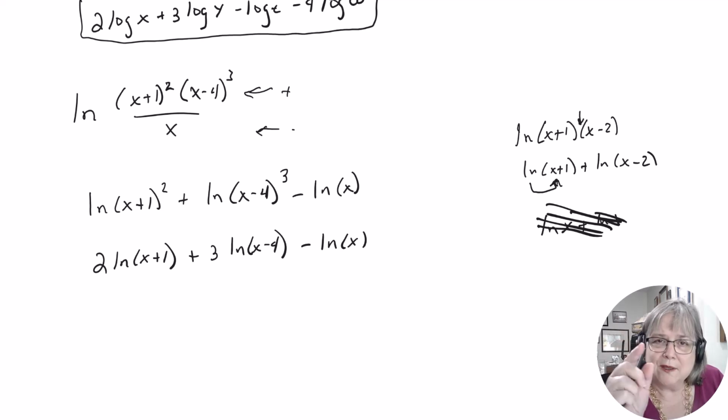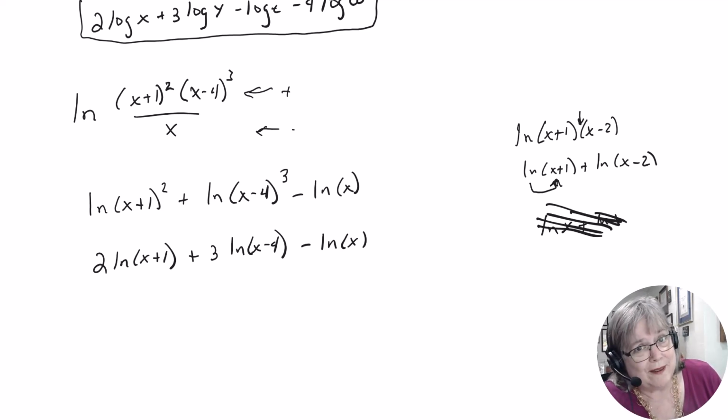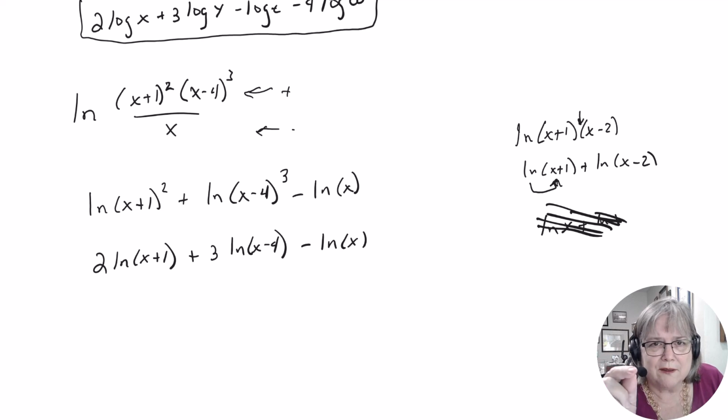Okay? You can separate a product. You can separate a division. You can, by adding and subtracting, but you cannot separate something that's already adding inside the argument. You cannot separate this one. You cannot separate that one. This is it.